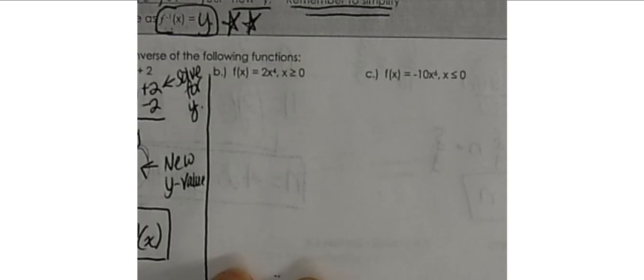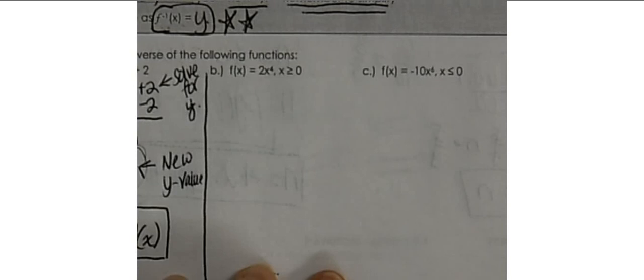So what I mean by that is, in order for a function to have an inverse, it needs to pass what we call a horizontal line test. And that's if you were to graph, let's pretend x to the 4th power looks like this. An inverse function is going to be a reflection across the line y equals x, which means that our graph would look something like this.